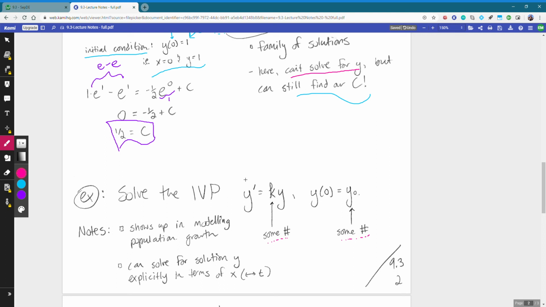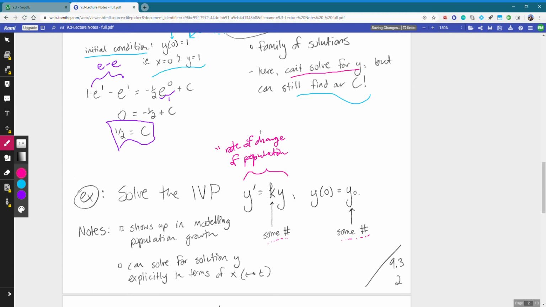Now, it turns out that this differential equation actually shows up pretty easily when thinking about population growth. Just reading what this says, on the left we have y prime, or if we're thinking of y as the population size, then y prime is the rate of change of our population.